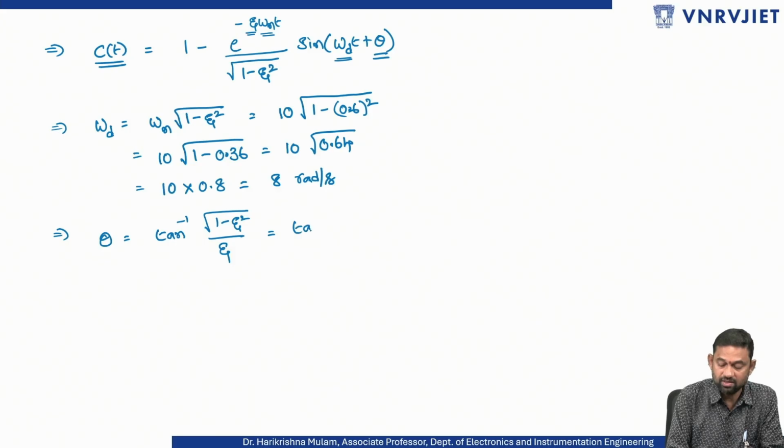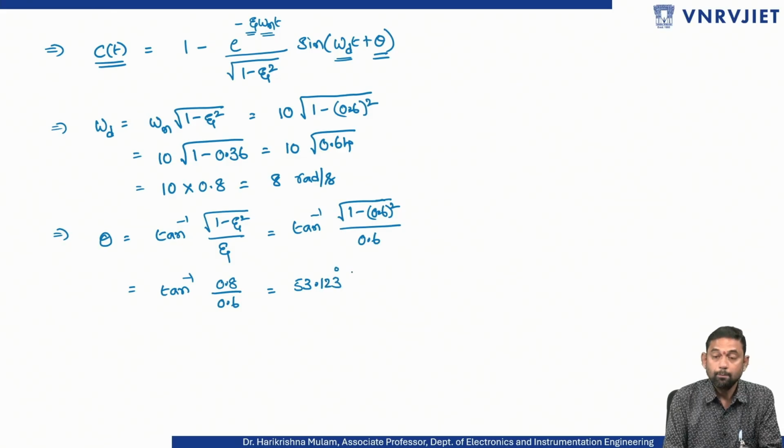That is tan inverse of square root of 1 minus 0.6 whole square by 0.6, which is tan inverse of 0.8 by 0.6. It comes to around 53.123 degrees. But we know that theta is specified in terms of radians.